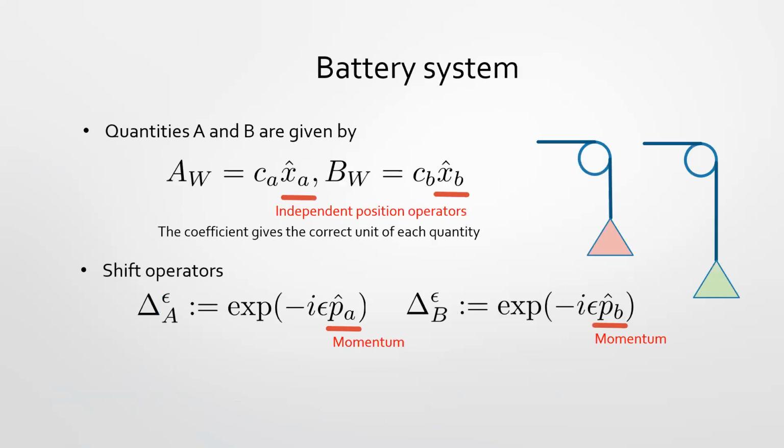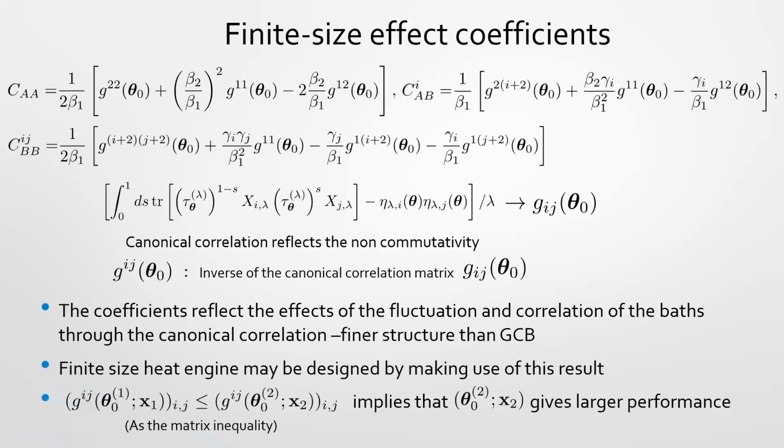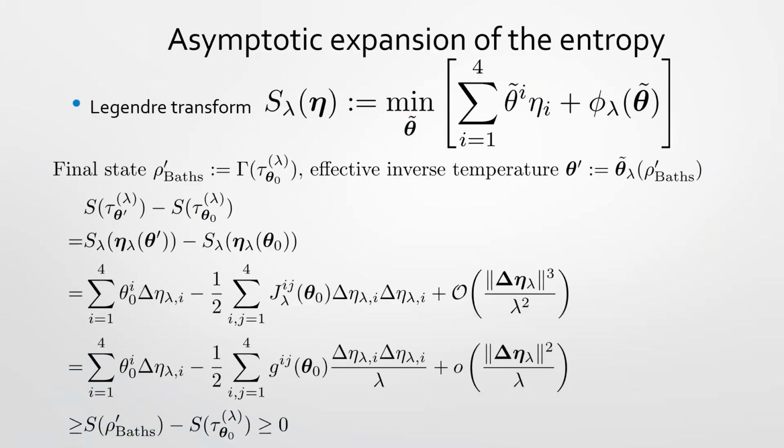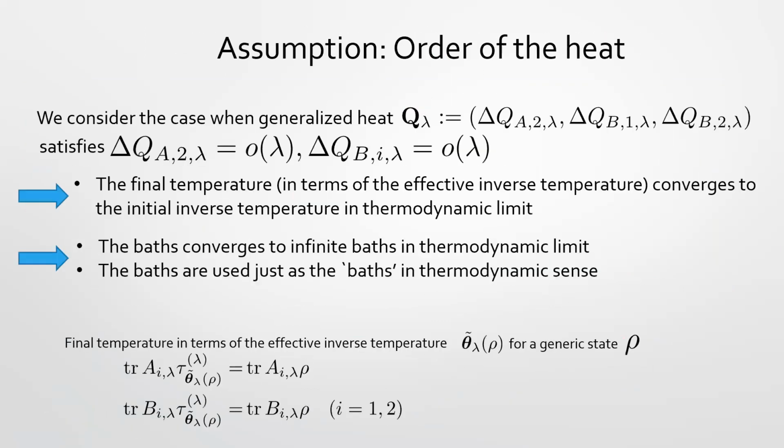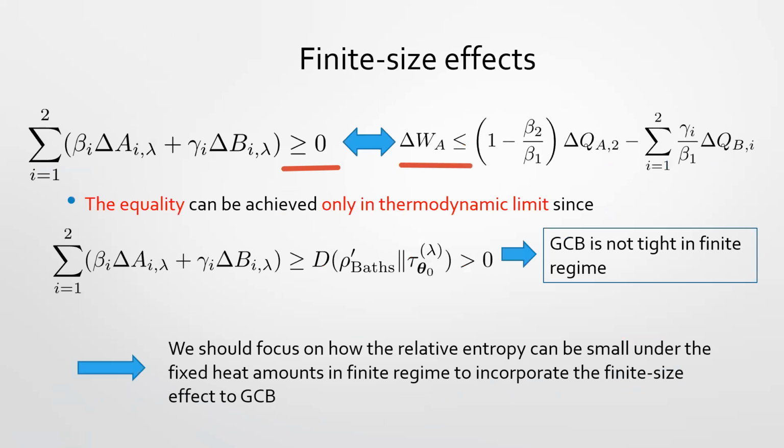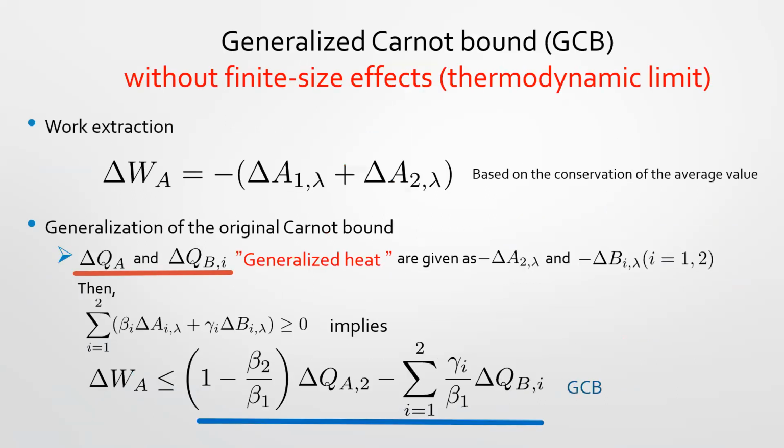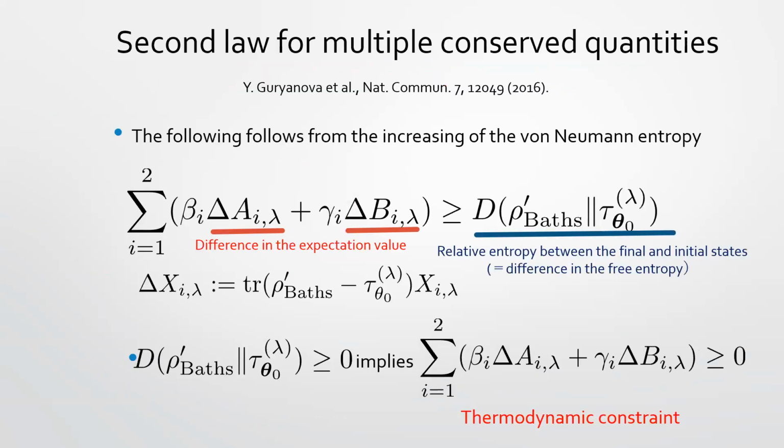It's Francesco speaking. So I wanted to understand better somehow the philosophy here. So you still define work as the difference, with a minus sign, of the sum of the change in the expectation values of these two quantities.